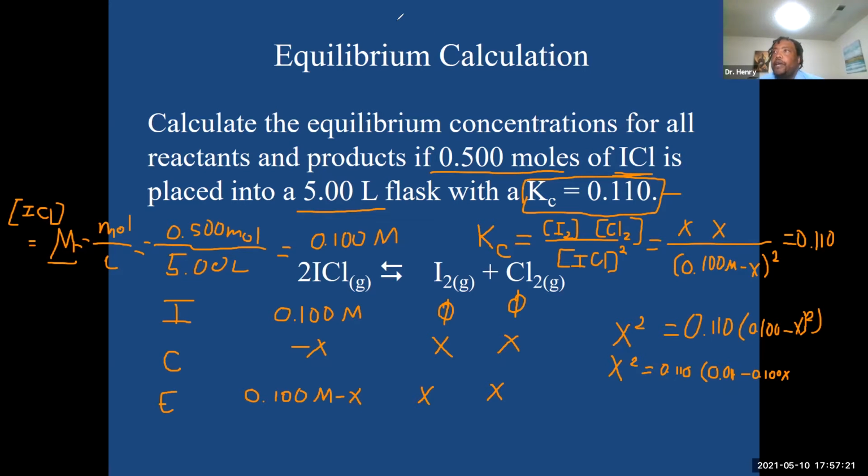And you guys are going to let me go ahead and make that big mistake right there. Minus 0.100x plus x squared. So we get x squared.